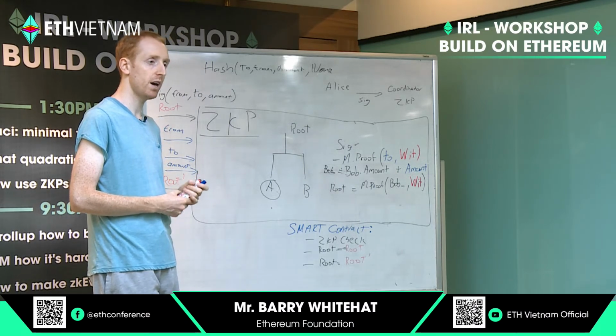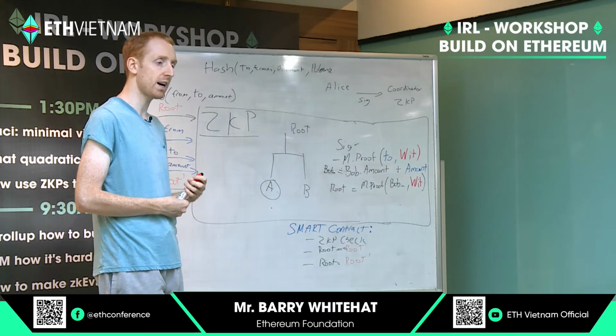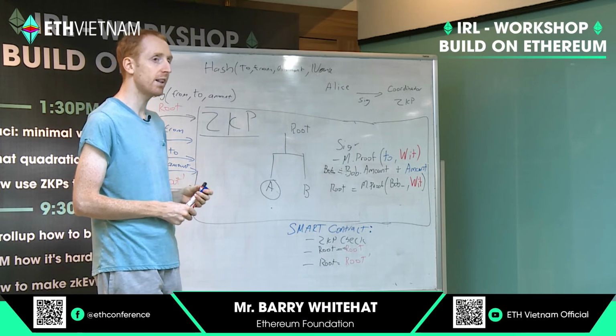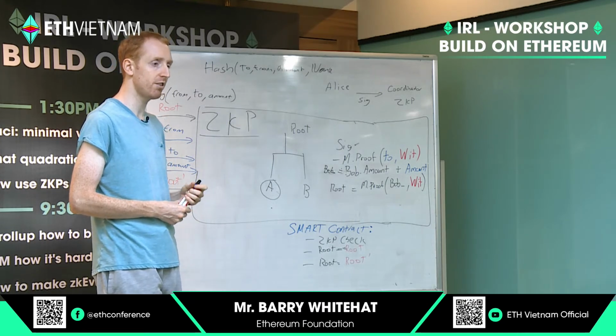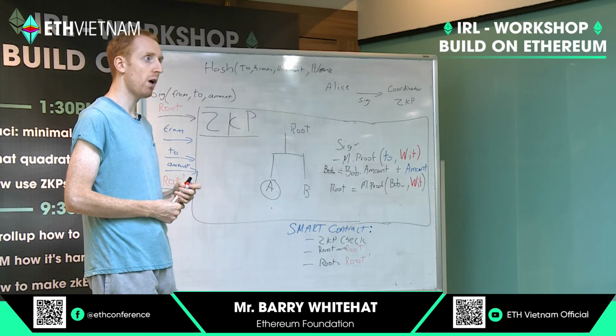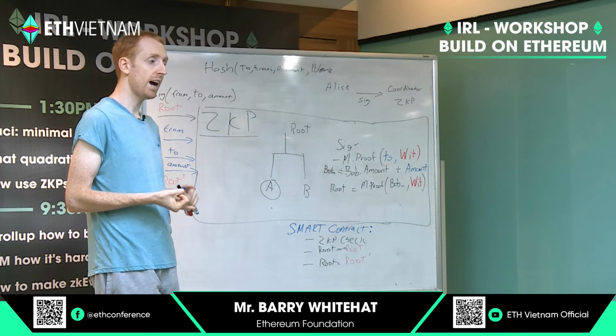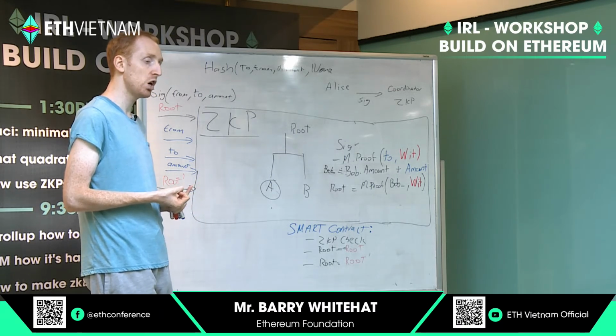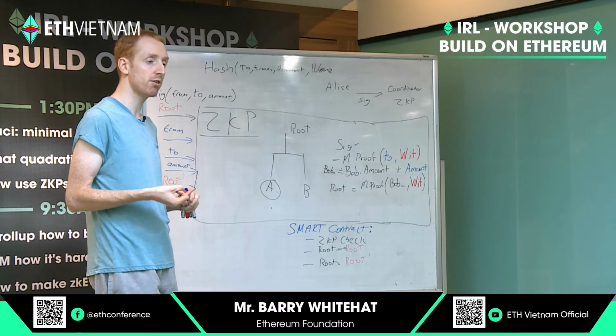Also, if they're doing some censorship attack or forced to do one, there's no way to recover. I think what's important about decentralization is that you have neutrality and you're able to recover from states where the system fails. And in this case, with Validium, you're not able to do either.